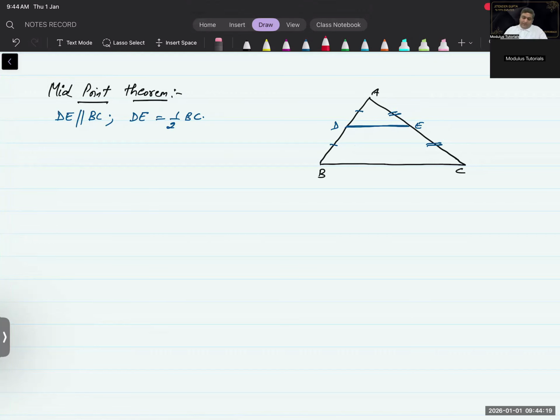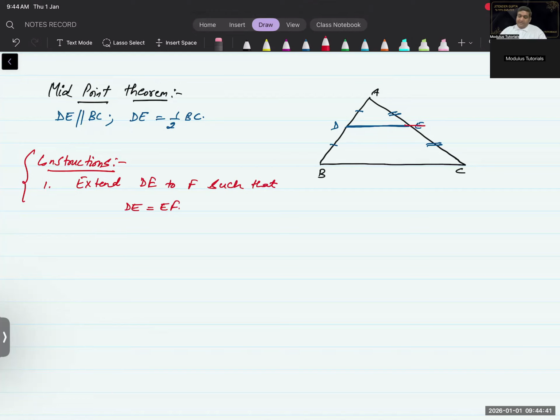To establish this, guys, you have to do a small construction. There are two constructions that you can follow. Either you extend DE to F such that DE is equal to EF, like we'll extend this, and this is F. These will be equal, and then I'll simply join CF.